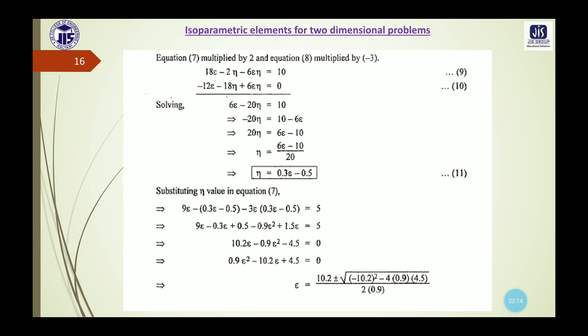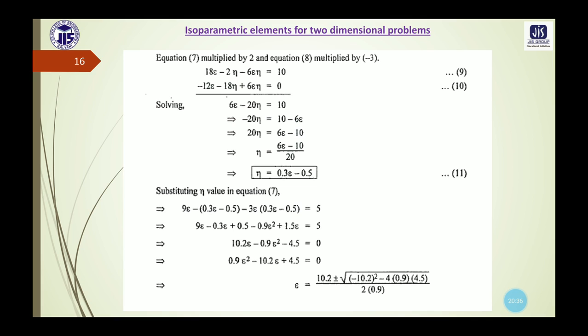Now if we put this value of eta in equation number 7, then after several steps we get the equation 0.9 epsilon square minus 10.2 epsilon plus 4.5 equals 0, which is in the form of ax square plus bx plus c equals 0.